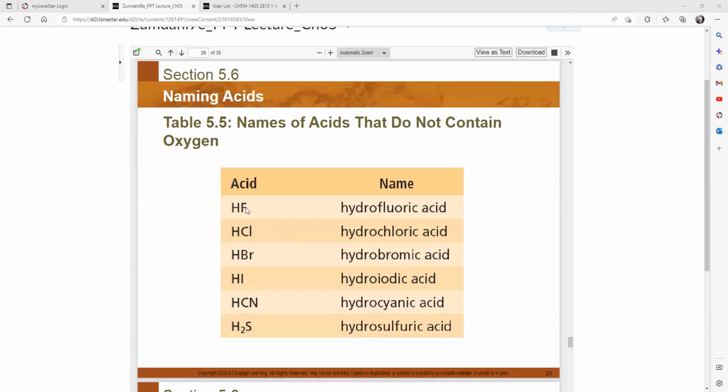But in the case that it is binary and one of them is just a simple anion, you put hydro, then the root of the element, chlor, and the ending ic. Hydrochloric, hydrobromic, and the end, acid.